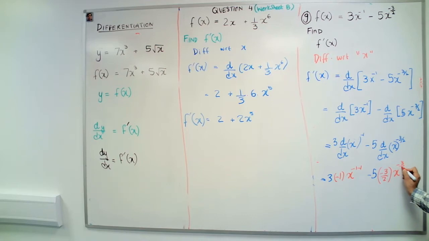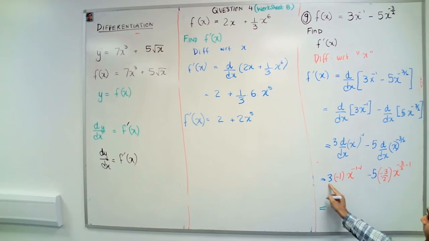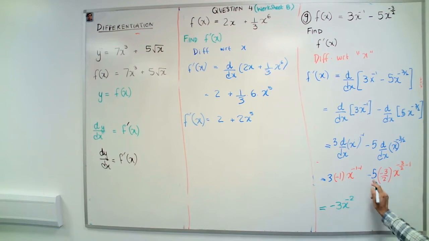So minus 3 over 2 minus 1. So this will become 3 times minus 1 is minus 3x to the minus 2. This is minus 5 times minus 3 over 2, so that becomes a positive 15 over 2. You can write it as 15 over 2, or you can write half of that, 7.5.